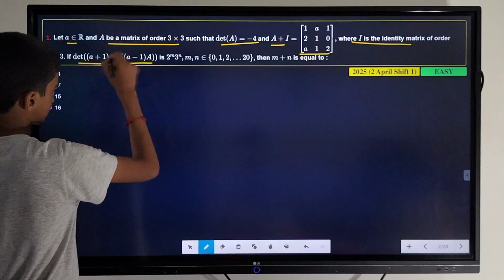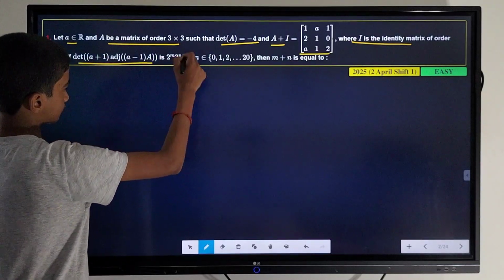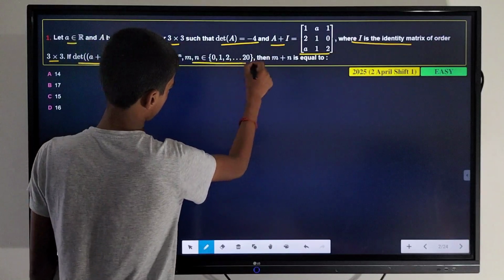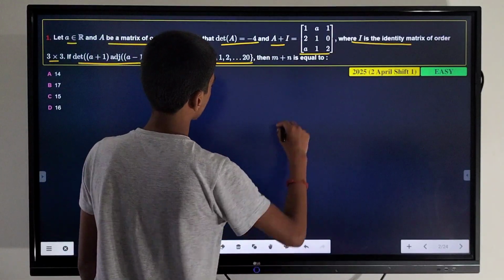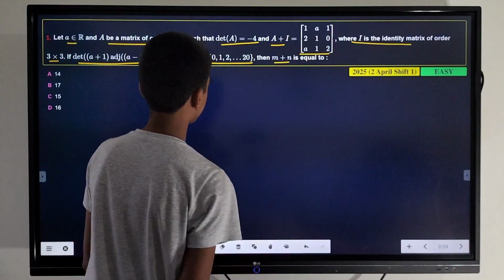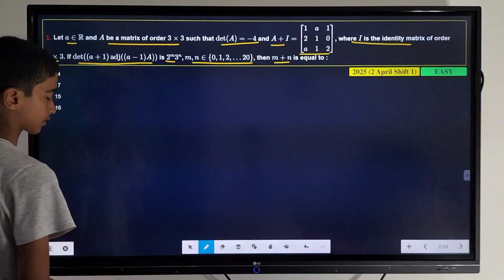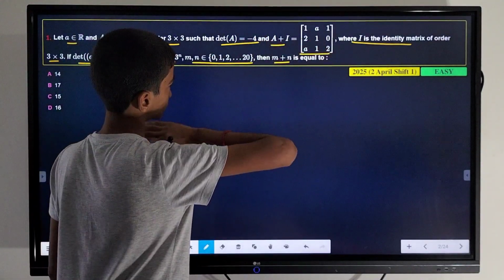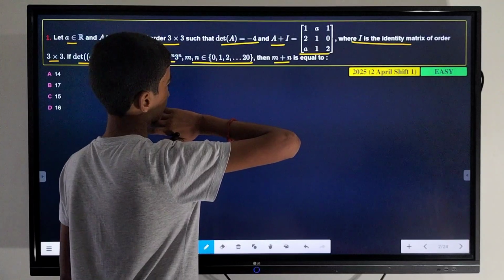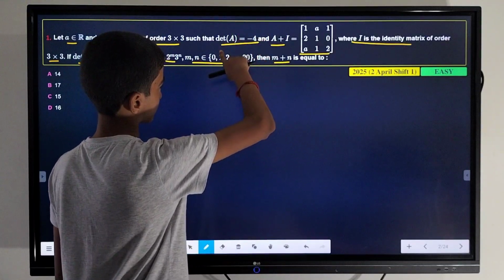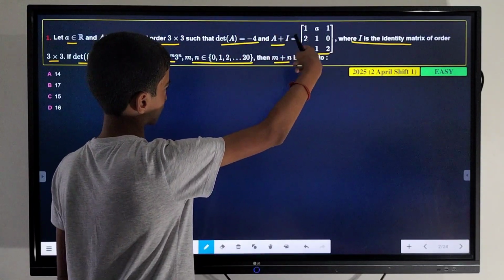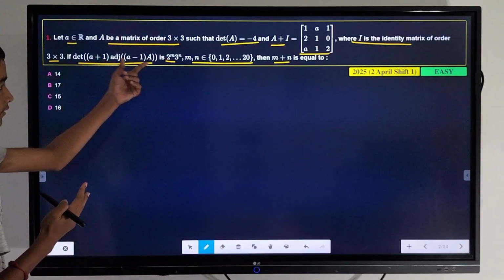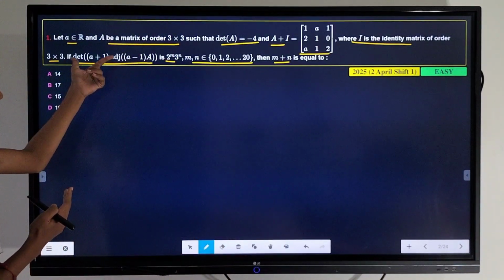If this determinant is 2^m 3^n, where m, n belong to this interval, then m plus n is equal to. So first, to solve this question, we will compare determinant of A is equal to -4, then we will get the value of a, then we can easily find the values of m and n from this.